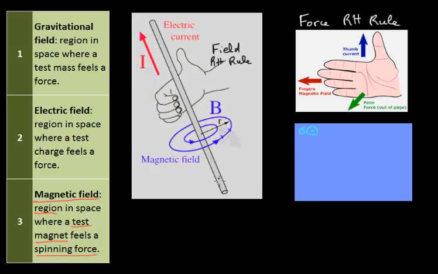Magnetic fields are generated by bar magnets and moving charges as well. If I have some electrons moving in this direction in this wire, it means that I have a current in this upper direction. So currents in general generate magnetic fields, as you can see with these circles that represent the magnetic field pattern generated around this current carrying wire.